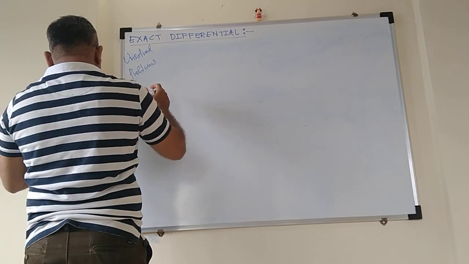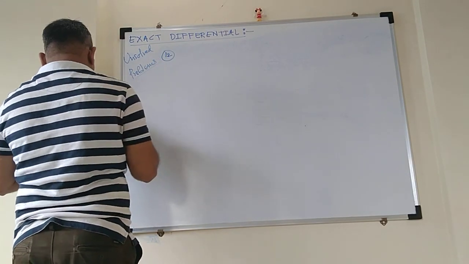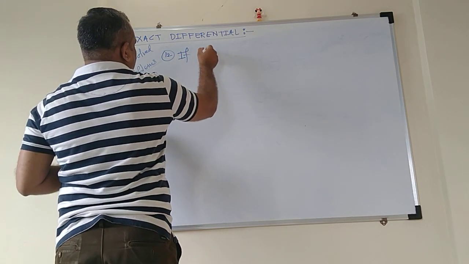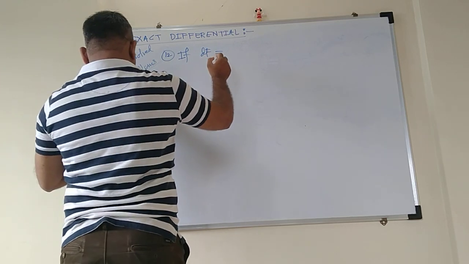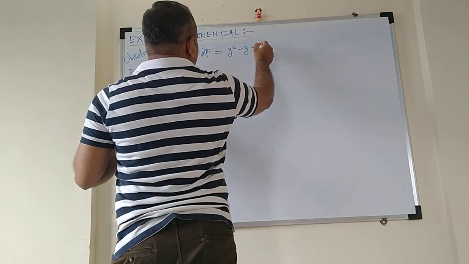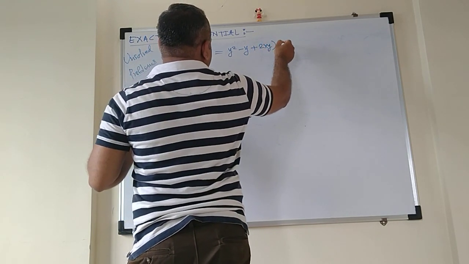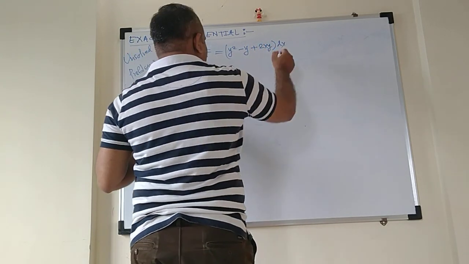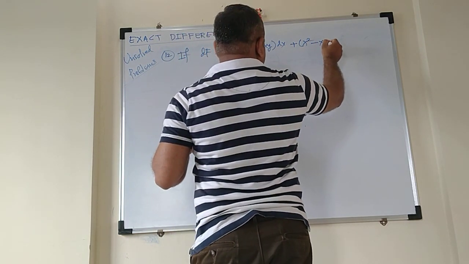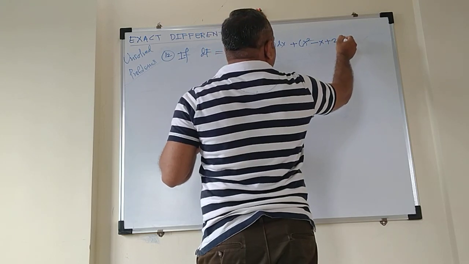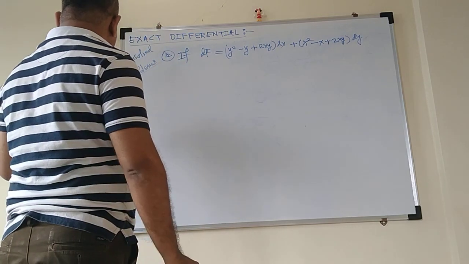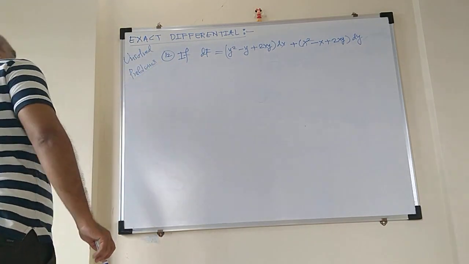If df is equals to y square minus y plus 2xy into dx plus x square minus x plus 2xy into dy. Check whether df is exact differential or not.